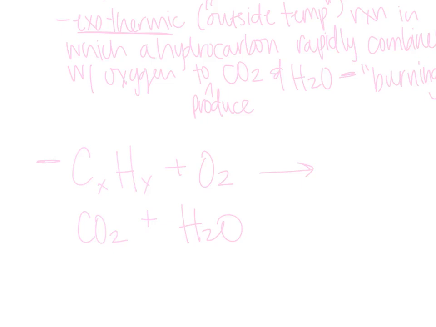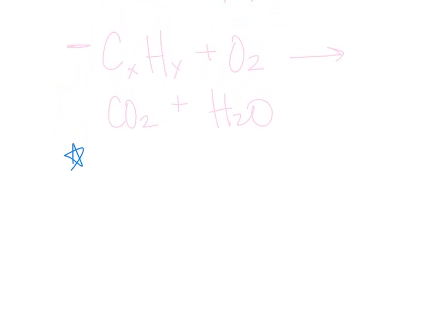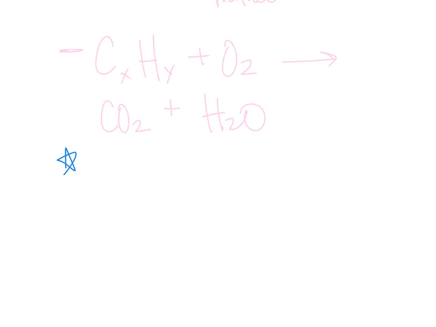So if we wanted to look at an example of a combustion reaction, we could look down here. And I'll go back up so we can see the general form.